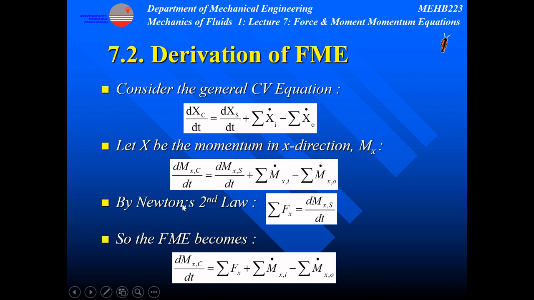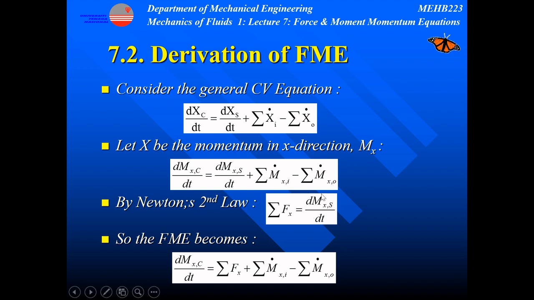Then by Newton's second law of motion that I just showed, the net external force acting on the system is equal to the rate of change of momentum of the system in the same direction.